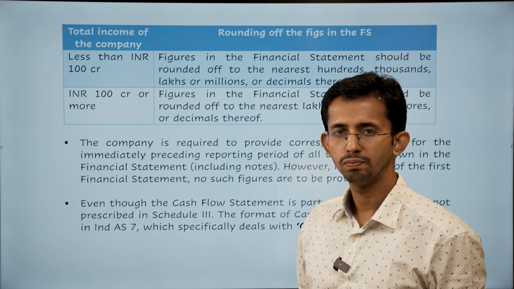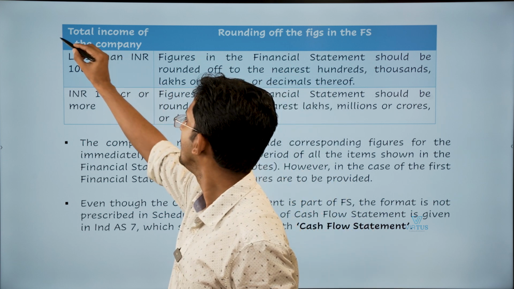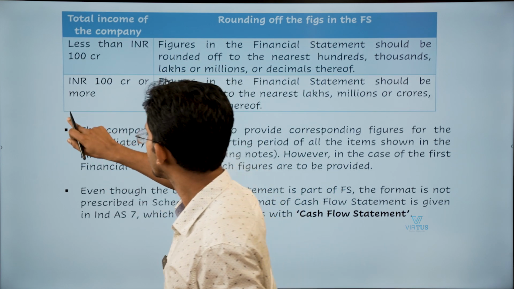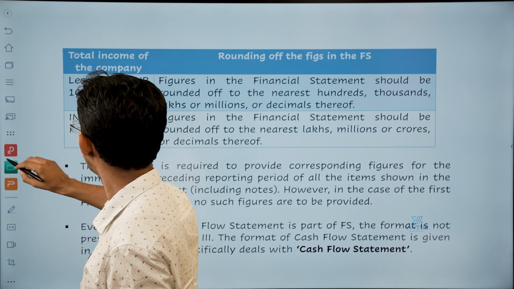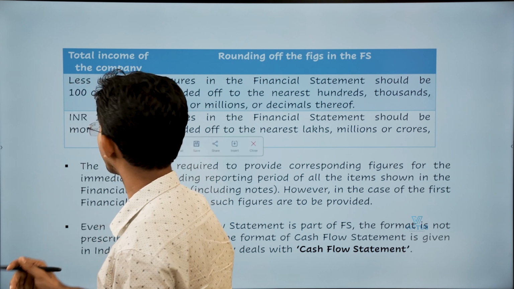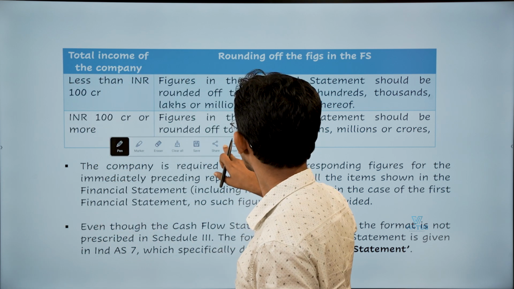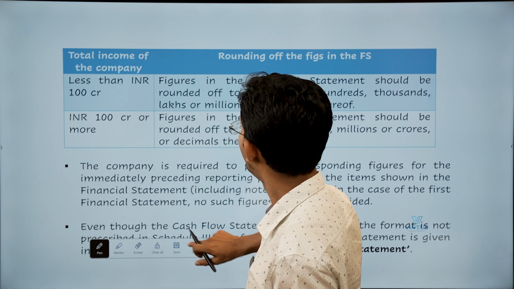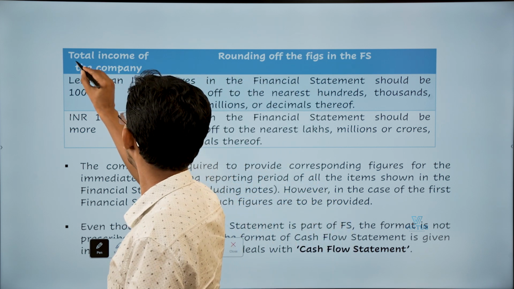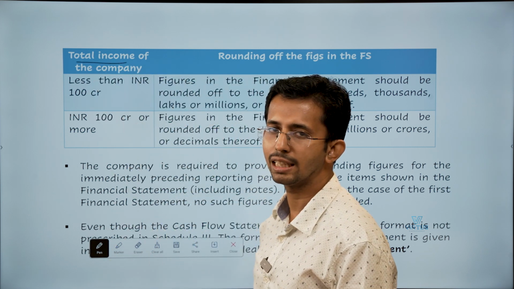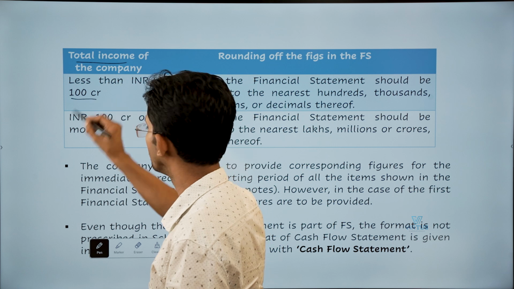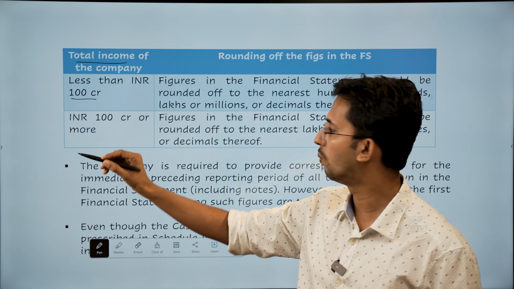Now, if you see the principle in Schedule 3, the rounding off is divided into two categories. One, companies with a turnover, or they call it total income, which is less than 100 crore. That is category 1.